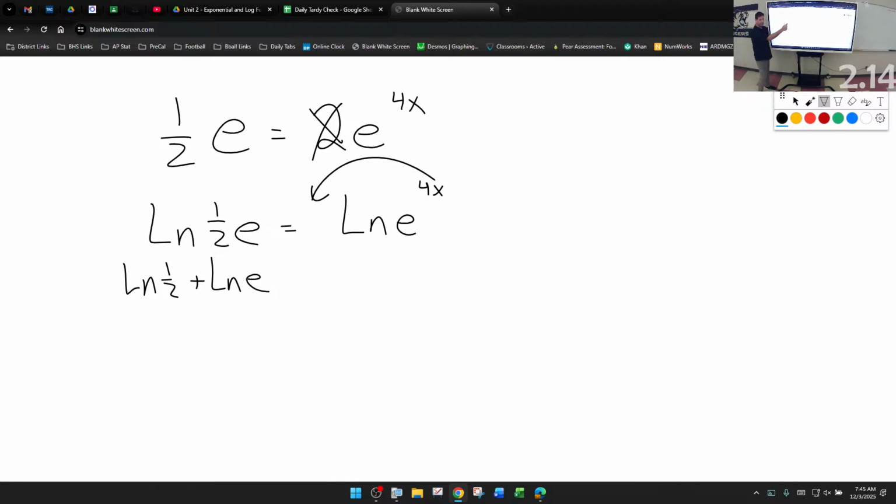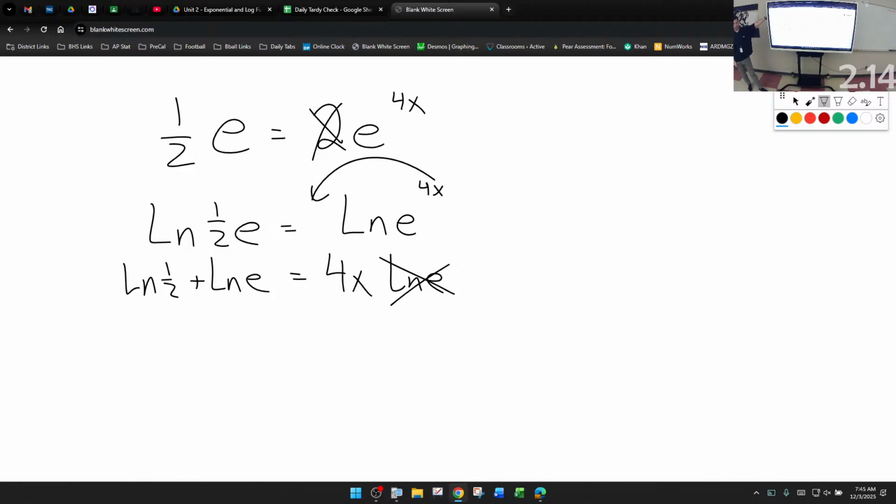Because this is 1/2 times e. And if you're taking the natural log of something times something, you can split that up into the natural log of something plus the natural log of something. That's tough to see. And then over here, I have the 4x natural log of e, which is just 1, so I don't need to worry about that.